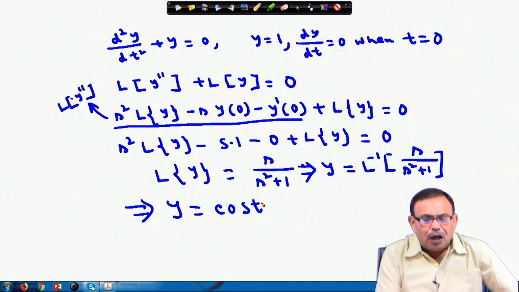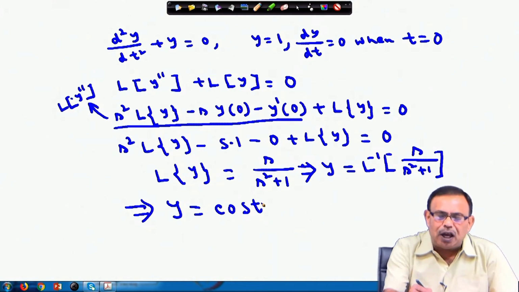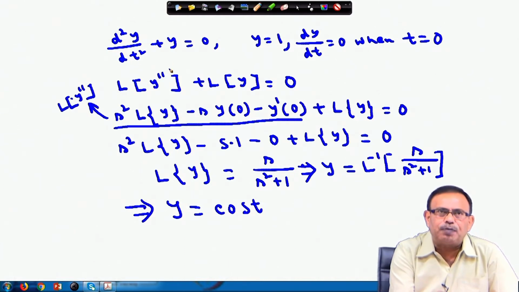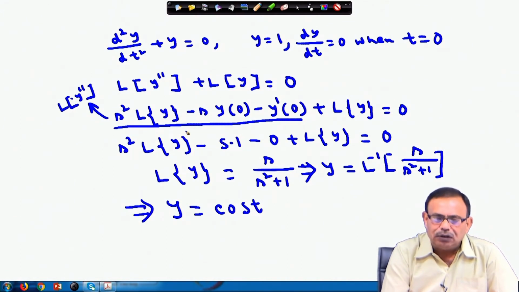So, you see, in very small steps without doing much calculation, I am taking the Laplace transform on both sides of the given equation, and in that way the ordinary differential equation is transformed into an algebraic equation like this.